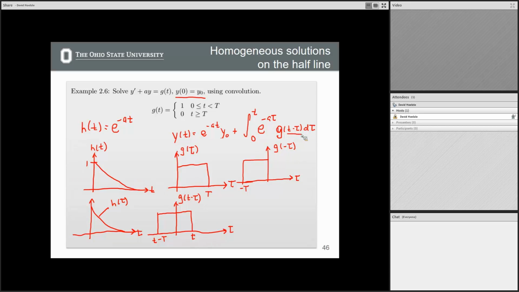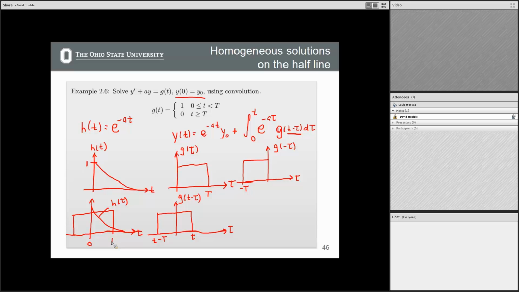And so what this is saying, if I care about y at 1 second, what I'm doing is integrating the multiplication of these two functions over the domain between 0 and 1.